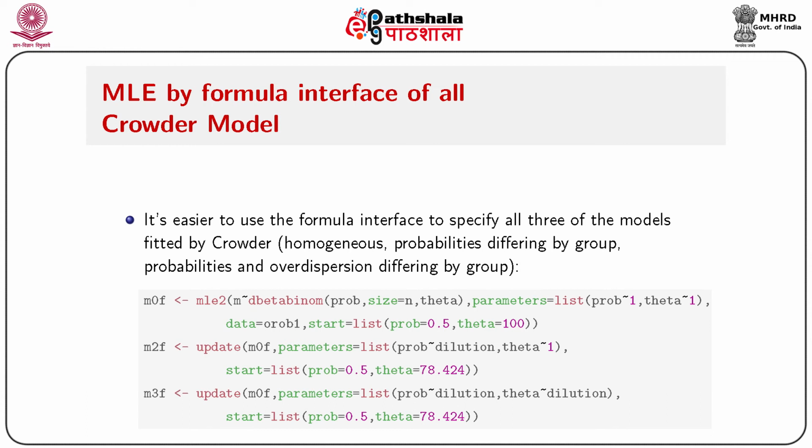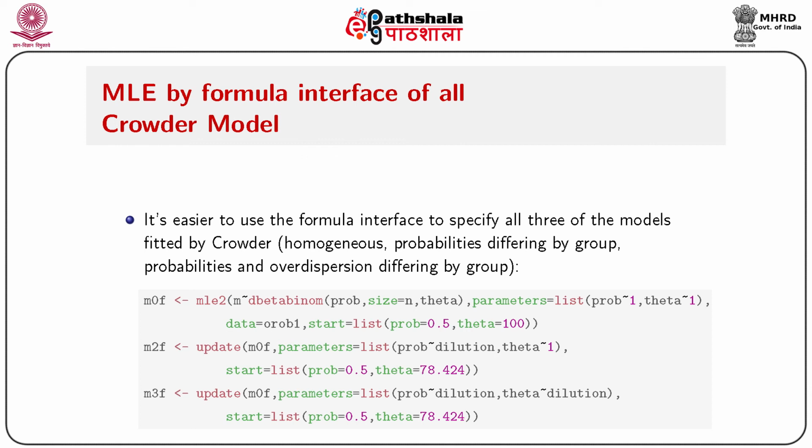It's easy to use the formula interface to simplify all three of the models fitted by Crowder: homogeneous, probabilities differing by group, and probabilities and overdispersion differing by group. So first you start with m naught 2 = mle2(m ~ dbetabinom(prob, size = n, theta), parameters = list(prob ~ 1, theta ~ 1), data = ORB1).